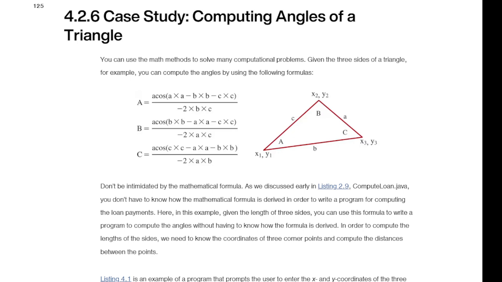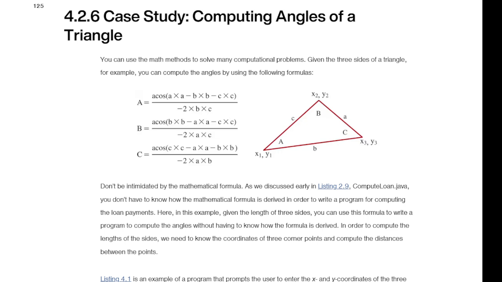Okay, what we're going to look at is computing the angles of a triangle given the sides. What we have here is kind of the application of the law of cosines, which you may or may not have seen before. What we have is the actual formula that comes out of it.